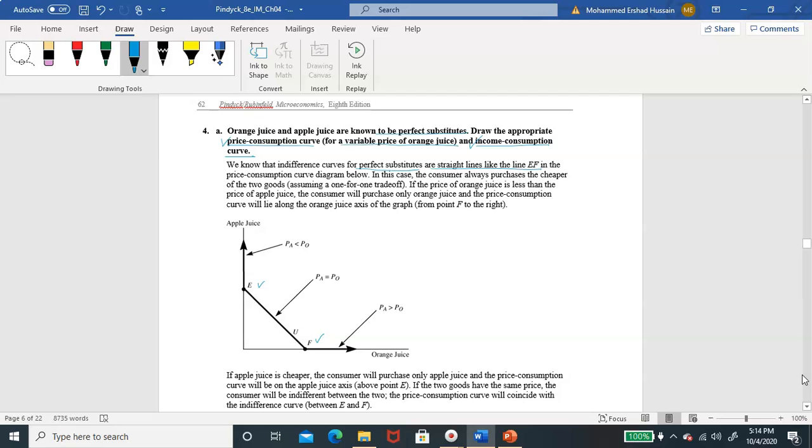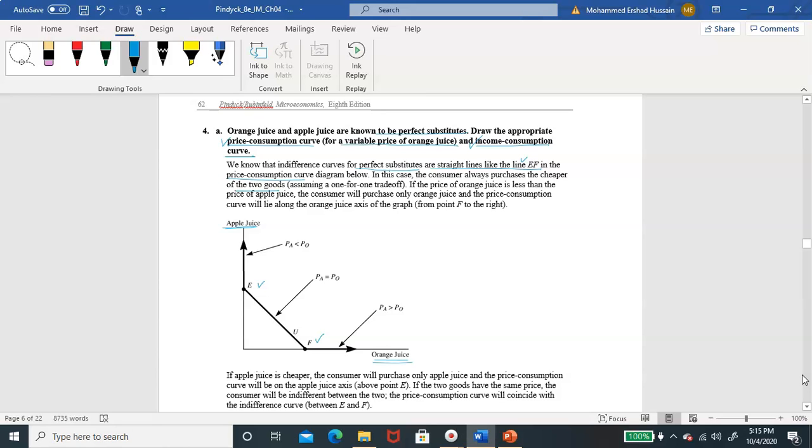We are measuring quantity of apple juice on the vertical axis and quantity of orange juice on the horizontal axis, right? Like the line EF in the price consumption curve diagram below. In this case, the consumer always purchases the cheaper of the two goods.